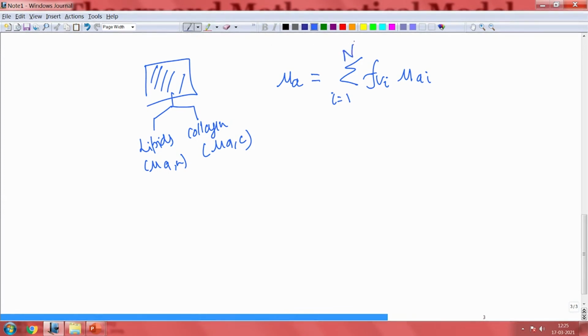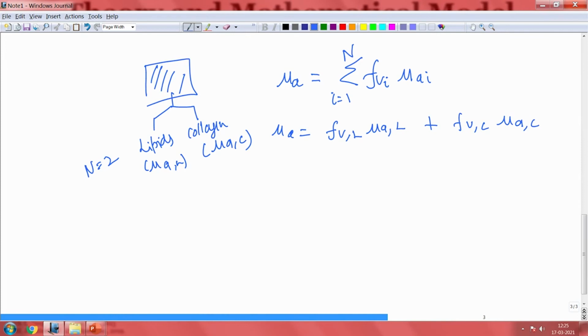And n I am assuming to be 2 over here. So I can elaborate my equation to f v comma L into mu a comma L, plus f v comma C into mu a comma C. So this is my absorption coefficient for two different constituents.